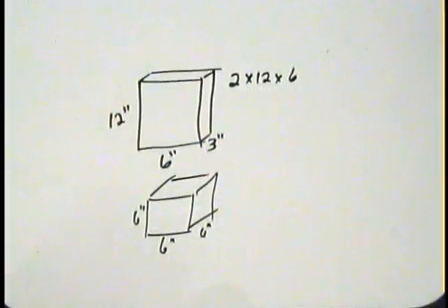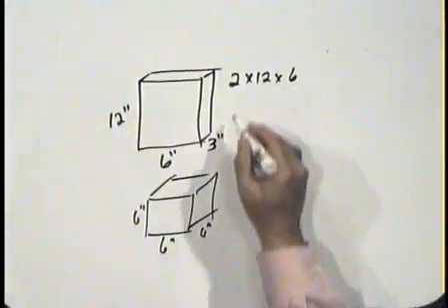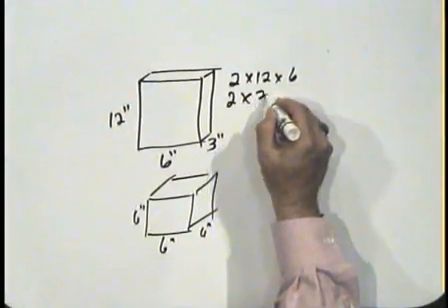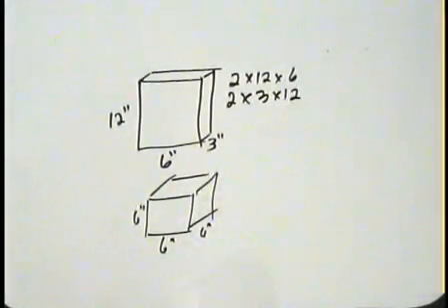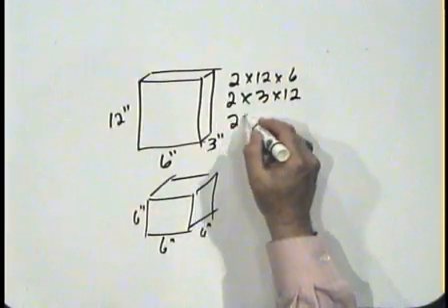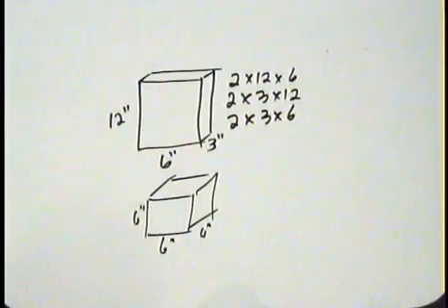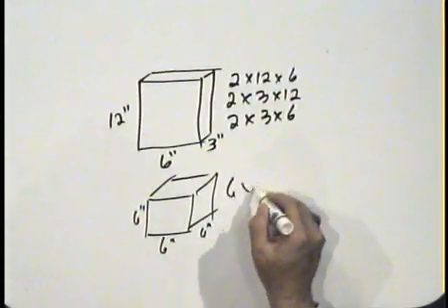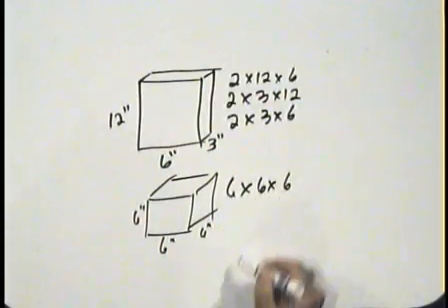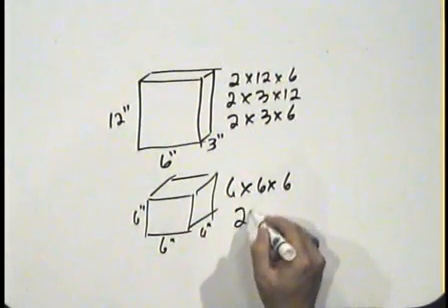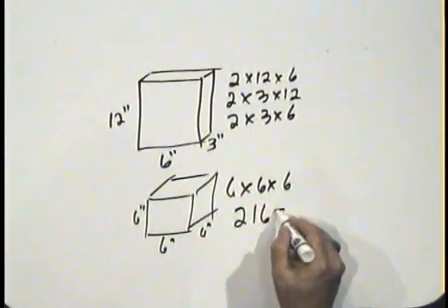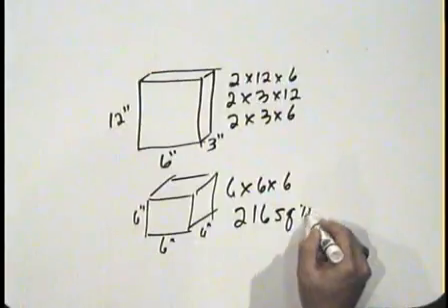The two sides are 3 by 12, and there's 2 of them, so 2 times 3 by 12. And the top and bottom, of course, are 3 by 6, so 2 times 3 times 6. The cubic box has 6 square faces, all of which are 6 by 6. So there's 6 times 6 times 6. The surface area is also 216, but it's 216 square inches.